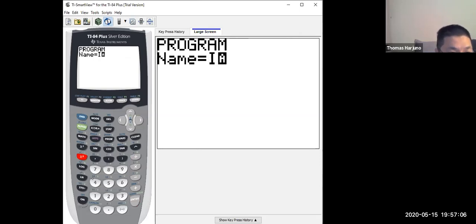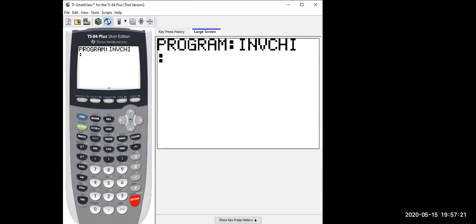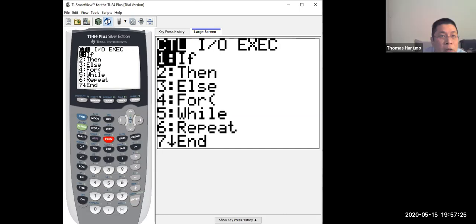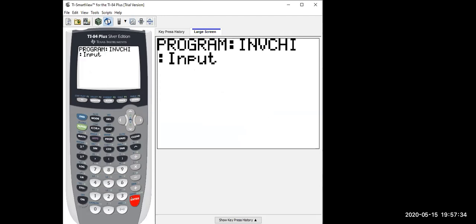Where's my N? Enter. Now then, we are here, right? Now you press program. And then move the cursor to I/O, input output. The first option is input. Enter. That's where you get the input.